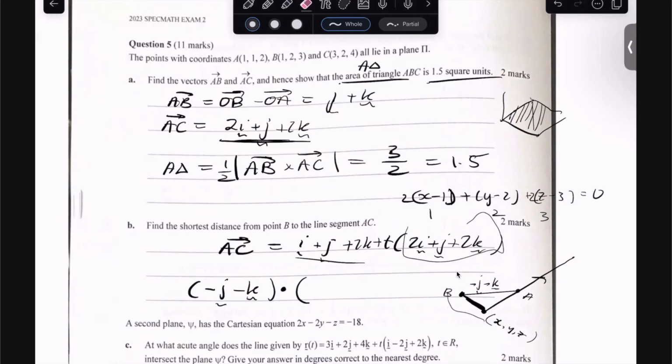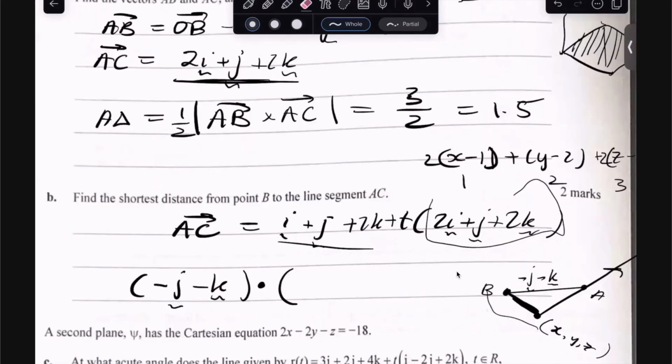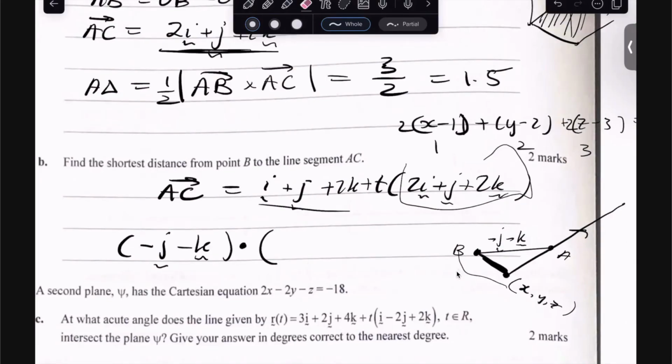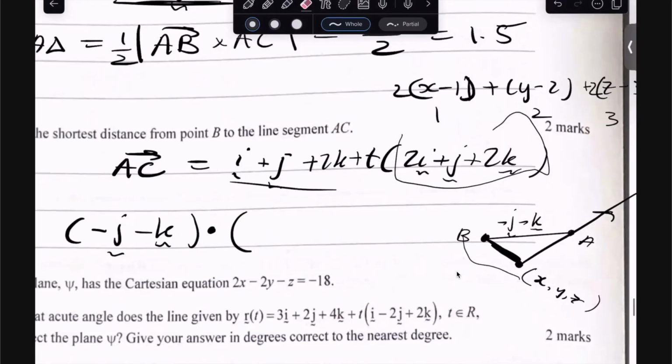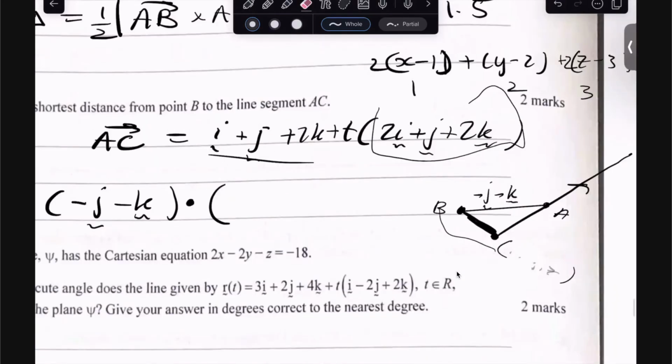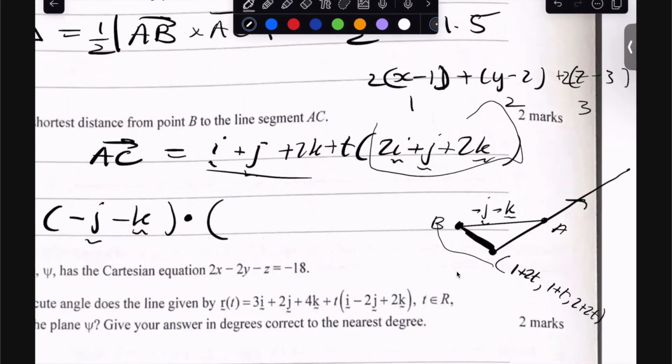Oh, and it has to be on this line. So this is not x, y, z. It's 1 plus 2t, 1 plus t, and 2 plus 2t, and the dot product of this minus B, and this has to be 0.